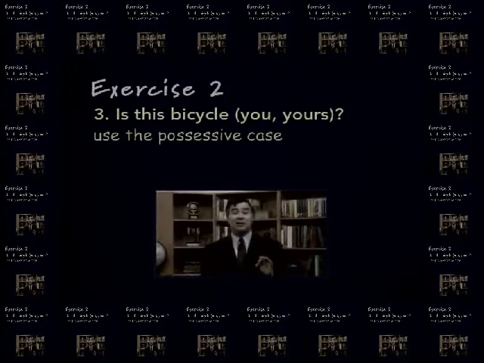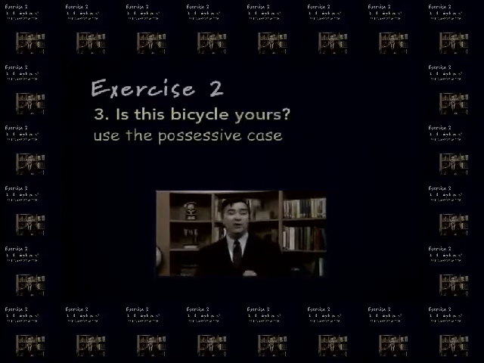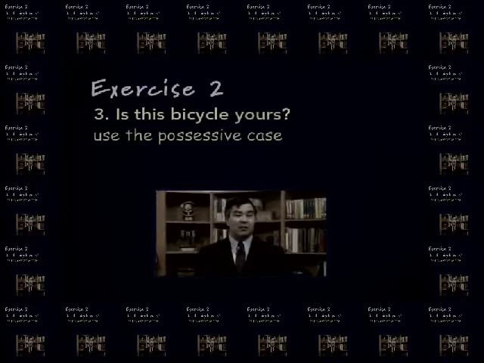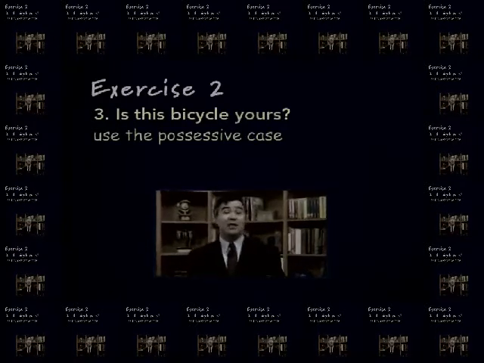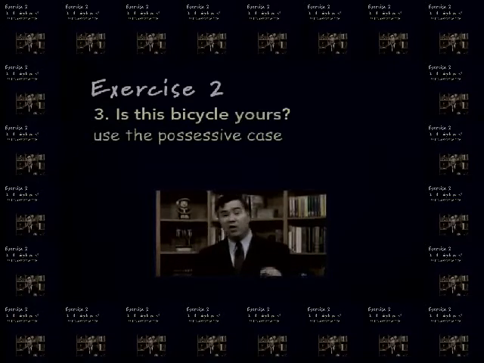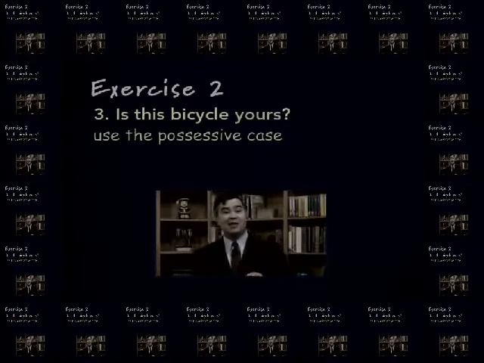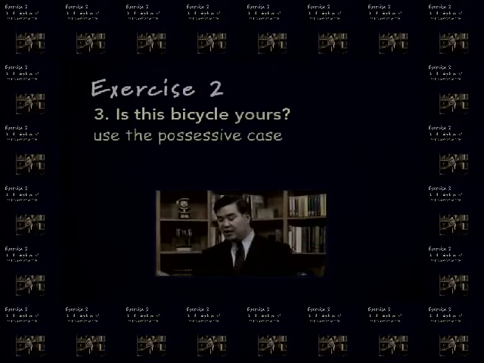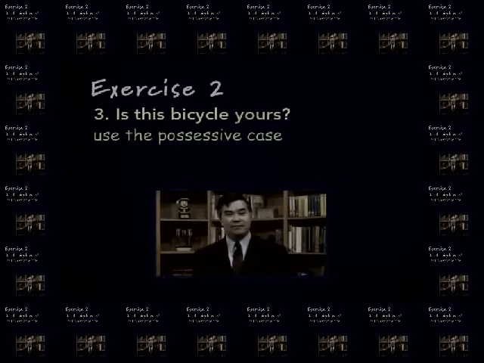Since we need a possessive case pronoun, yours would be correct. We saw earlier that the pronoun you can be used either as a subjective or objective case pronoun, but yours needs to be used in this context because we need a possessive case pronoun. So the sentence should read, is this bicycle yours?